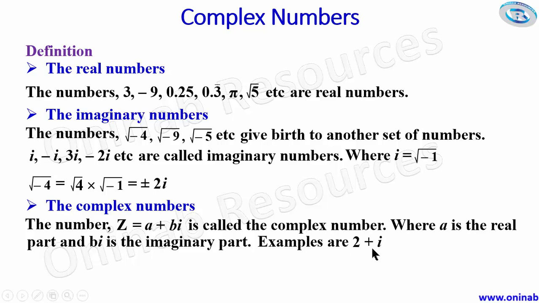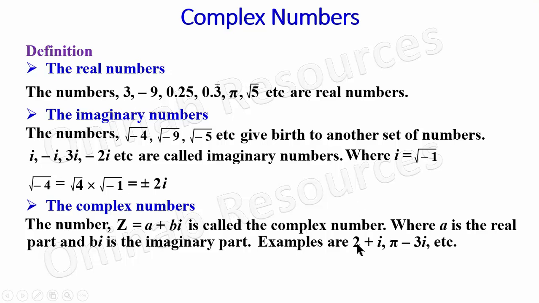Examples are 2 plus i, where 2 is the real part and i is the imaginary part. We have pi minus 3i, where pi is the real part and 3i is the imaginary part, and so on. Like we said earlier, the complex number is the largest set of numbers.